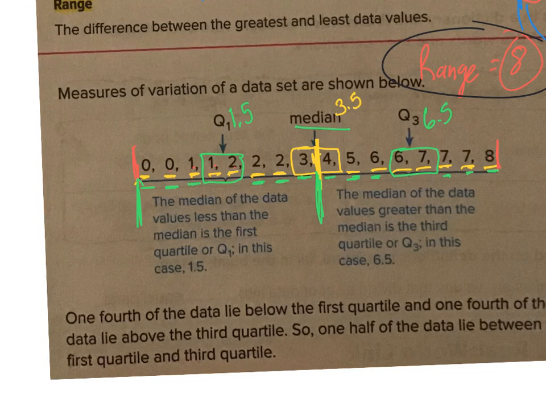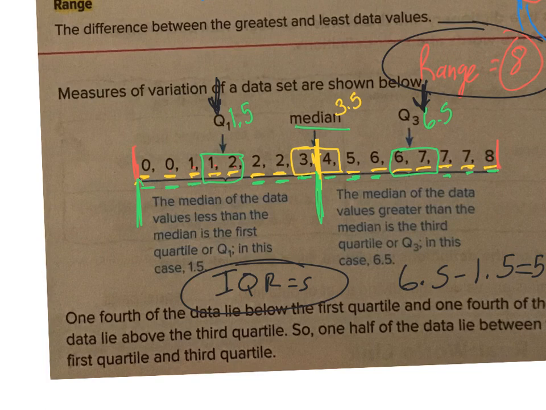Now we could find the interquartile range, and the way you do that, it's from this right here to this right here. So it'll be 6.5 minus 1.5. And that would be 5. So the interquartile range is 5. The range of the whole thing is 8.